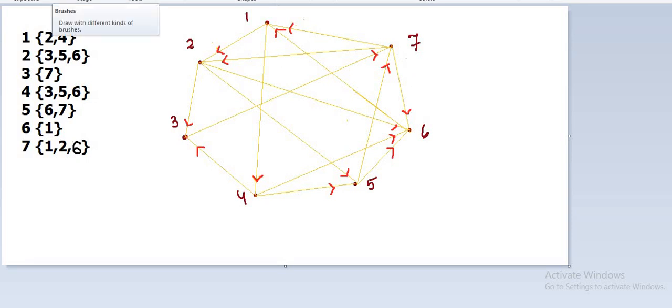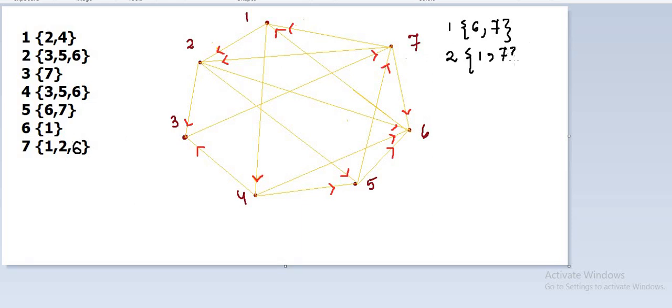Now let's make out the incoming edges for each of the vertices. We'll start with 1. 1 is having 6 and then 7. Next is vertex 2. 2 is having 1 and then 7. 3 is having 2 and 4.